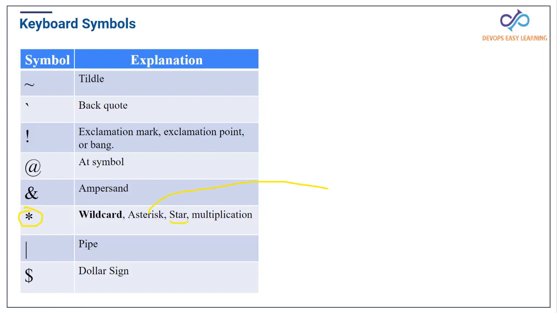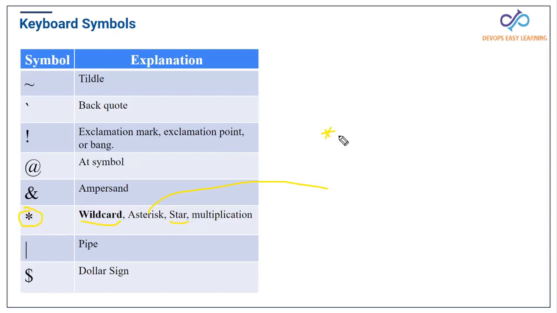And in IT, the name that we use a lot here is called a wildcard. A wildcard in IT, in Linux, means everything. And we use this wildcard to create something like subdomains, all right?